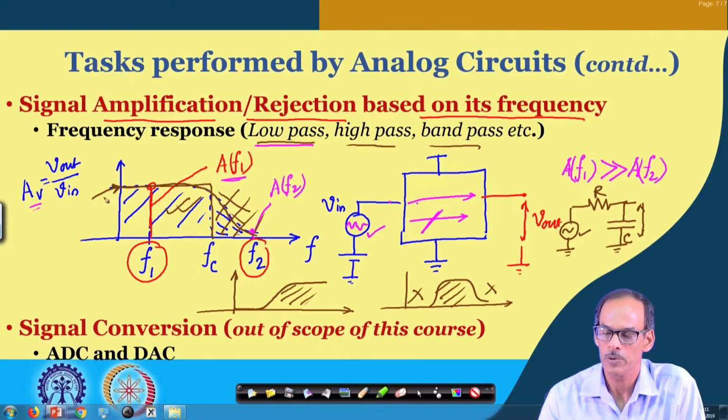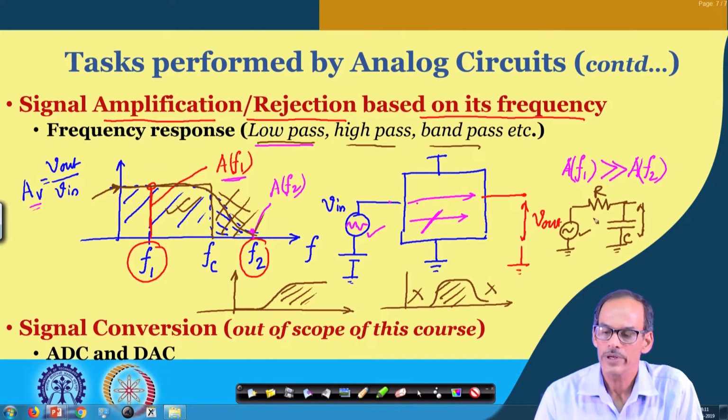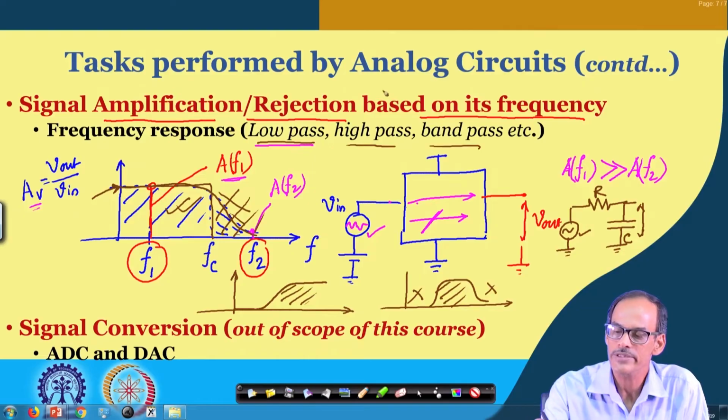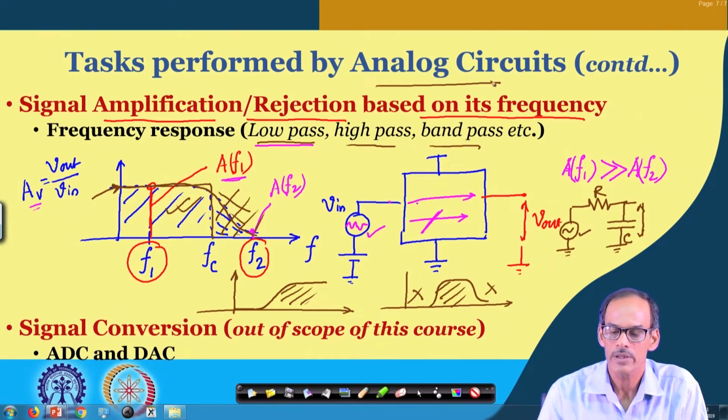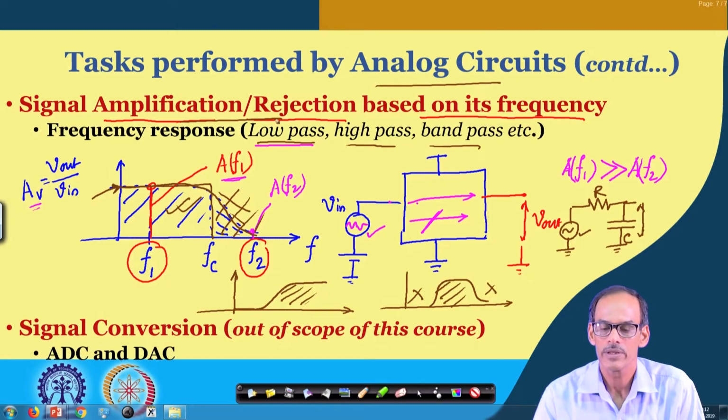So, in case you want to amplify low frequency signals and reject the signal in the high frequency component, you may use a combination of active circuit along with the passive circuit. So, whenever we talk about analog circuits, primarily they perform signal amplification, and they also modulate the signal based on the signal frequency component, namely they amplify and reject based on the signal frequency component.